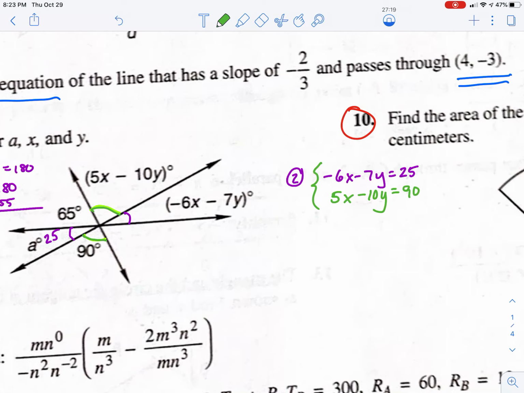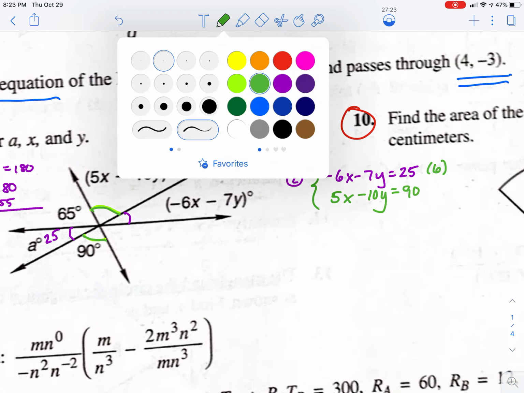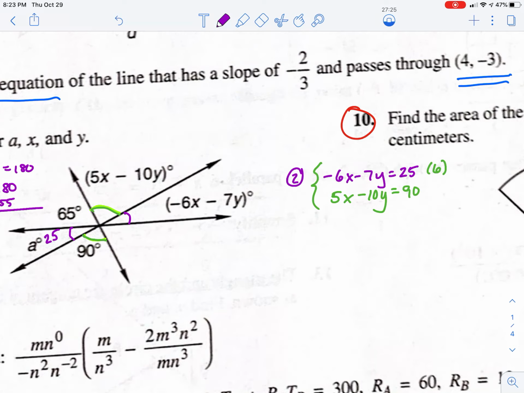So what I did is I multiplied the first one by 6. And I multiplied the second one, all the terms, by 5. So what I'm shooting for is to make my x terms opposite.